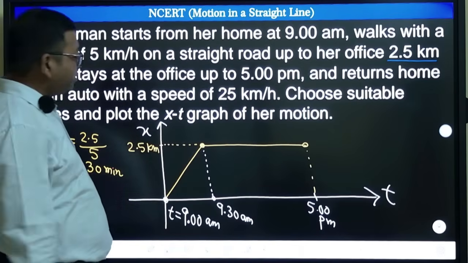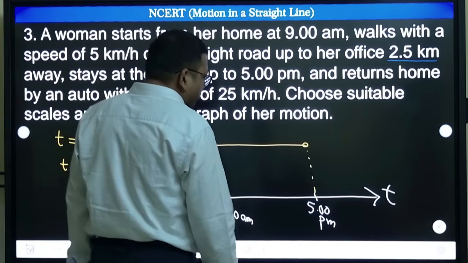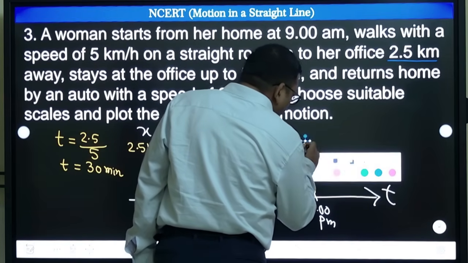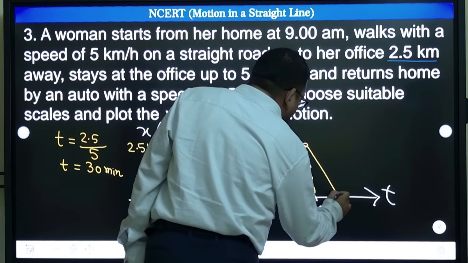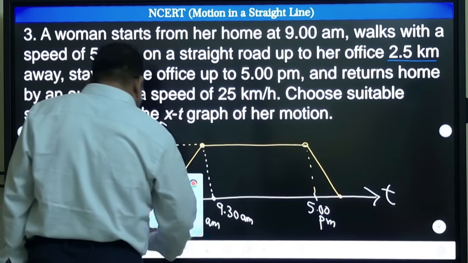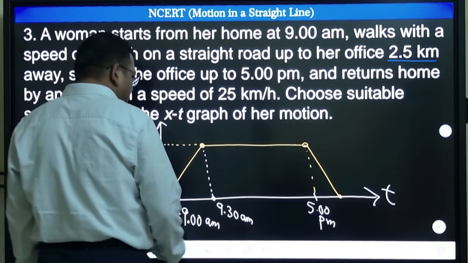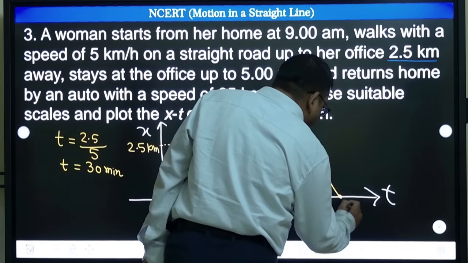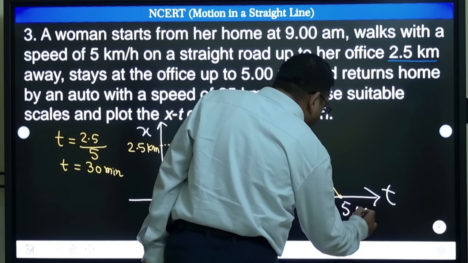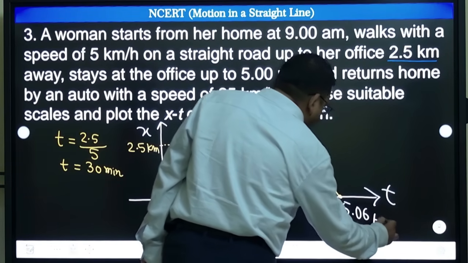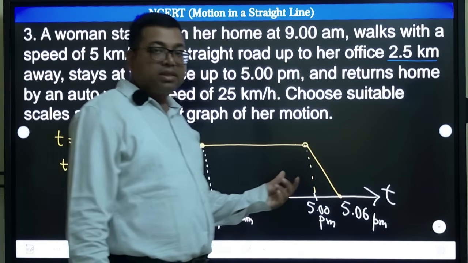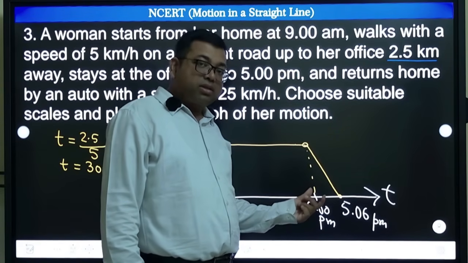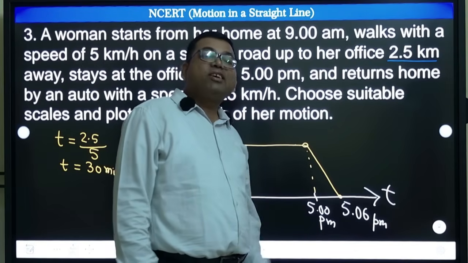In 6 minutes, you will be reaching here. So you need to draw this as a straight line and represent it as 5:06 p.m. Only thing is that now if you are choosing 1 centimeter as 10 minutes, then 6 minutes, how will you represent?